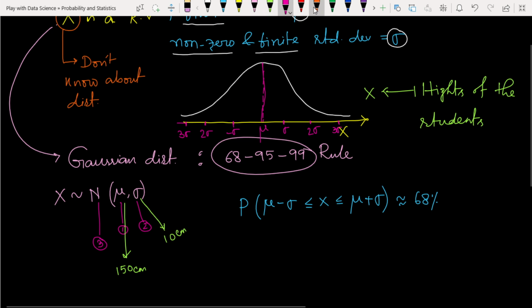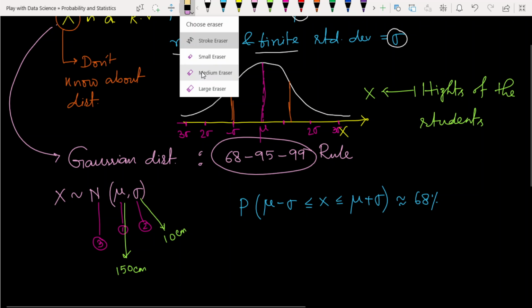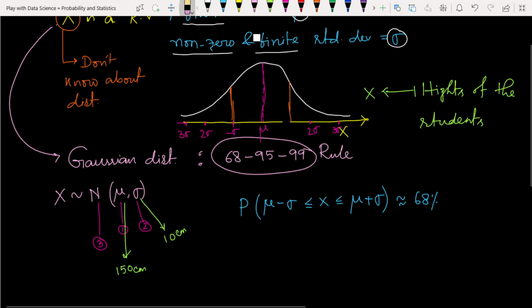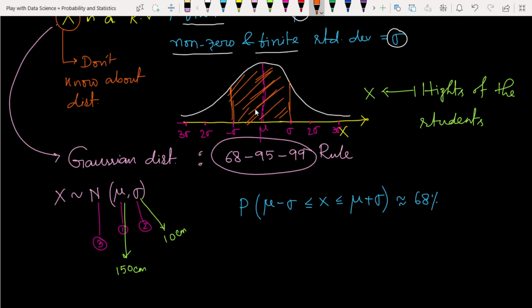Then the 68, 95, 99 rule tells us that for this range, suppose sigma lies here, the first rule speaks about this much of the points, this much is about 68%.